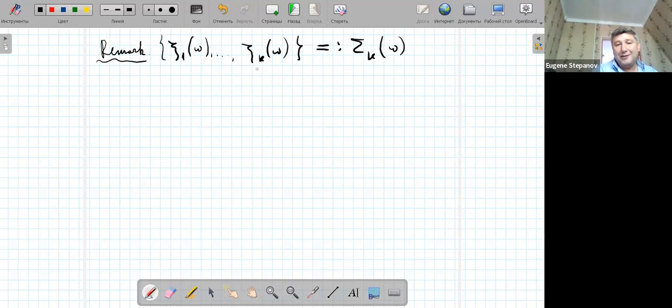Instead of this set, you take the distance matrix, the distance from psi_i(omega) to psi_j(omega). This is a random distance matrix, but now k by k.